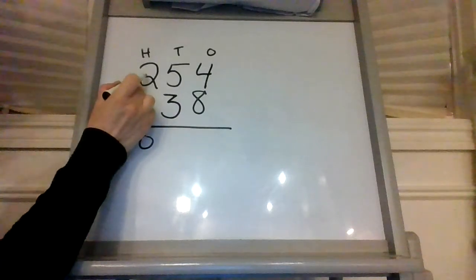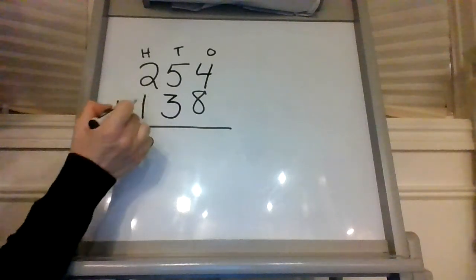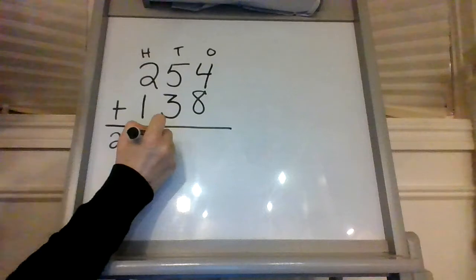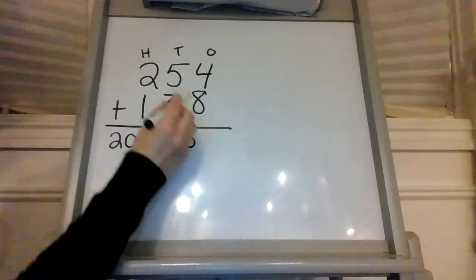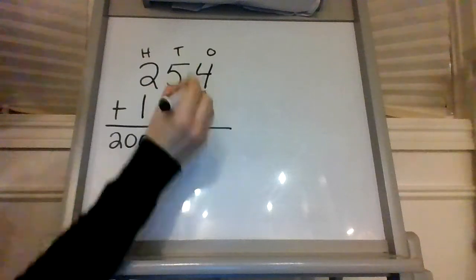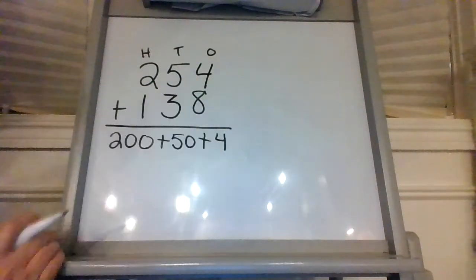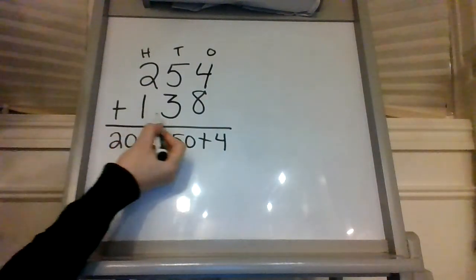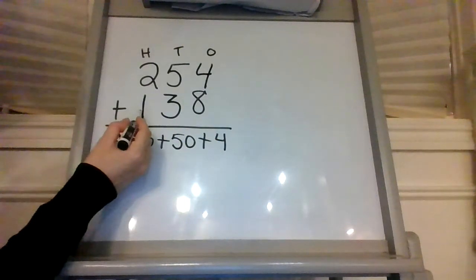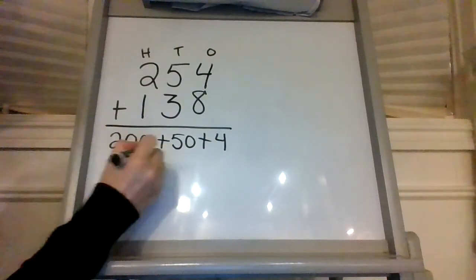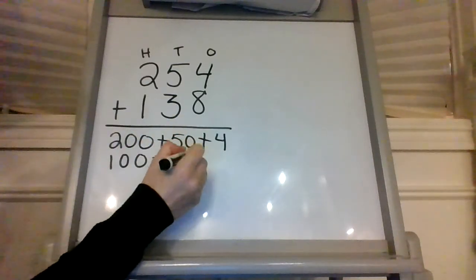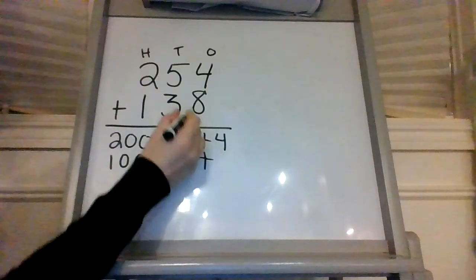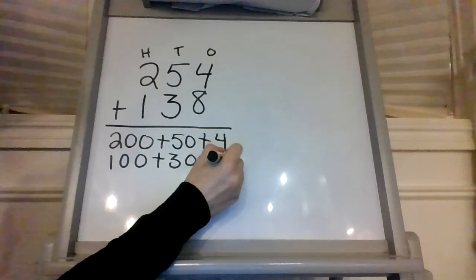I'm thinking 2 flats, that's 200, plus 5 longs, that's 50, plus 4 cubes, that's 4. Same thing with 138. 1 flat, that's 100, plus 3 longs, that's 30, plus 8 cubes, that's 8.